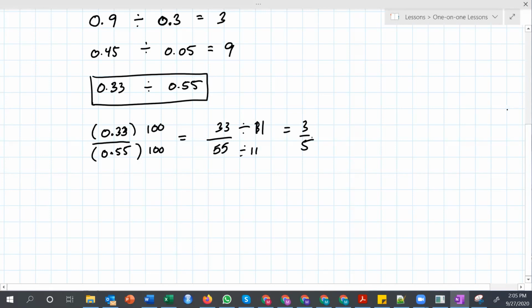Okay, so let's try another one here. Let's try 1.98 divided by 0.03. This is kind of the same type of problem. You can write it as a fraction.